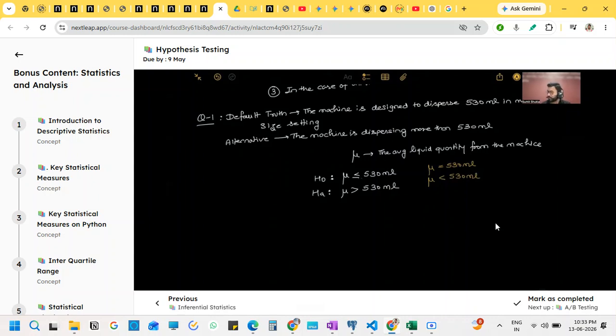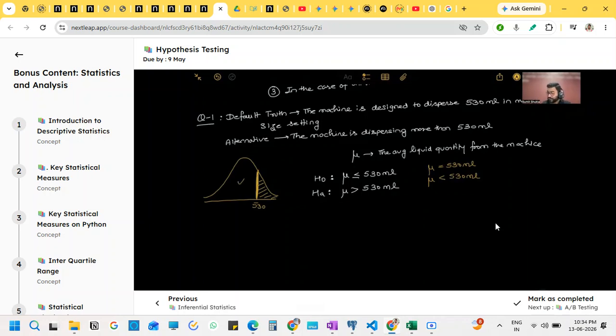The reason I have written less than or equal to is because, when we talk about a normal distribution, if this represents 530, then when I say equal to 530, I'm talking about this particular line. When I say greater than 530, I'm talking about this region, but I am not including the region below 530. So what will happen if I get a result in this area?